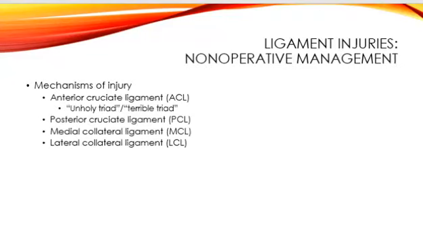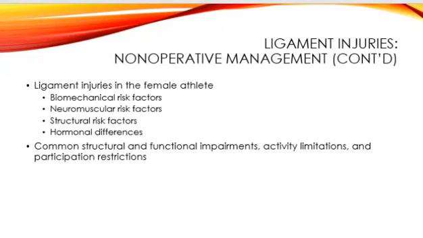So non-operative, maybe it's an ACL sprain, right? It's really going to depend on the patient and how much pain they have, and trying to take them through the sequence of passive range of motion, active assisted range of motion, active range of motion, stretching, and isometrics at the very beginning phases.